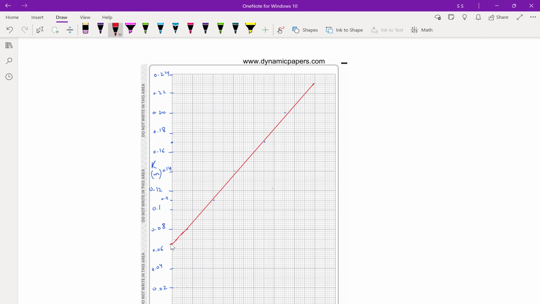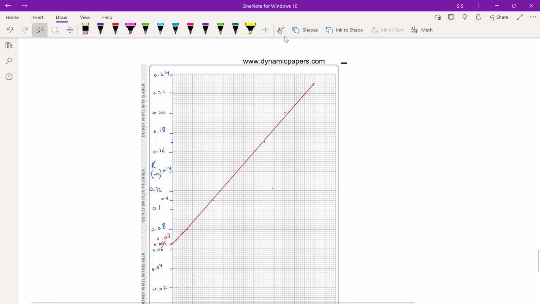So this is 0.07, and then this would be in between the two. So this is like 0.065. Now, if my values deviate from the correct ones a little bit, just know that it's because I'm drawing on a screen.